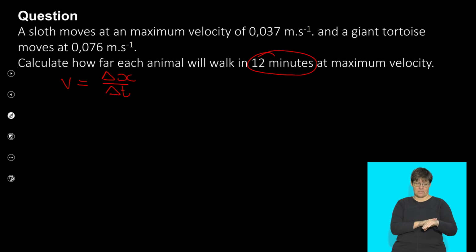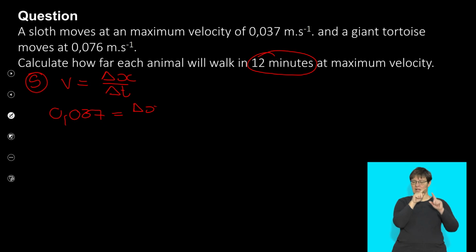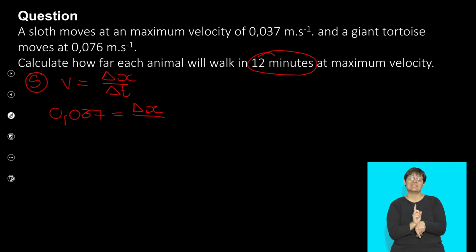So we're good. If I look at the sloth first, I'm going to call it an S, I would go 0.037 delta x. But now there's a problem. The question says 12 minutes. We can't work in minutes. I have to convert that to seconds.